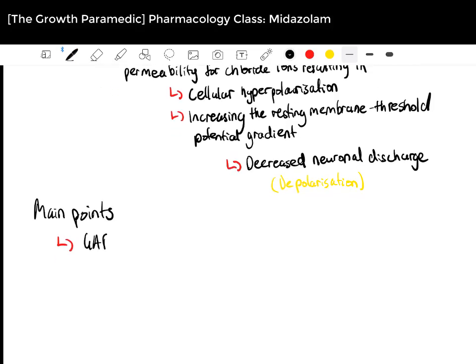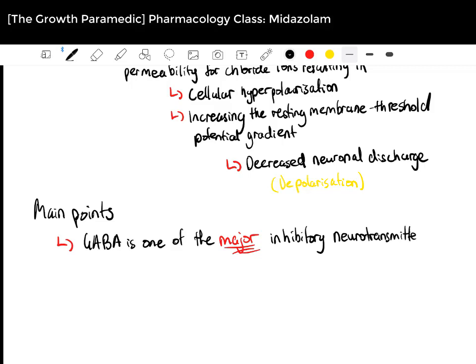So what you need to get from this is the main points. GABA is one of the major inhibitory neurotransmitters in the CNS.